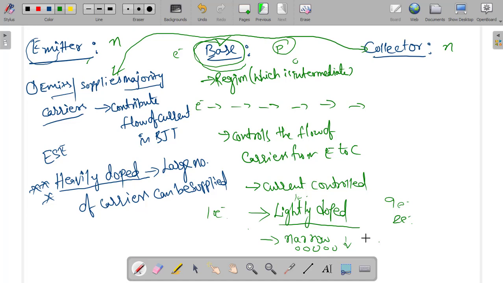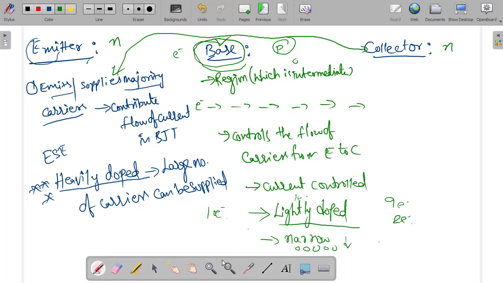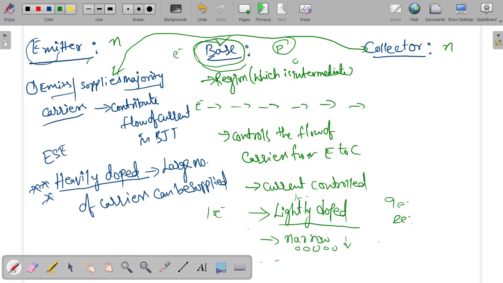Clear? As a result, majority carriers supplied by the emitter can reach the collector. This efficient transport of carriers from emitter to collector is your transistor action. What is meant by transistor action? Transistor action is the efficient supply of carriers from emitter to collector.